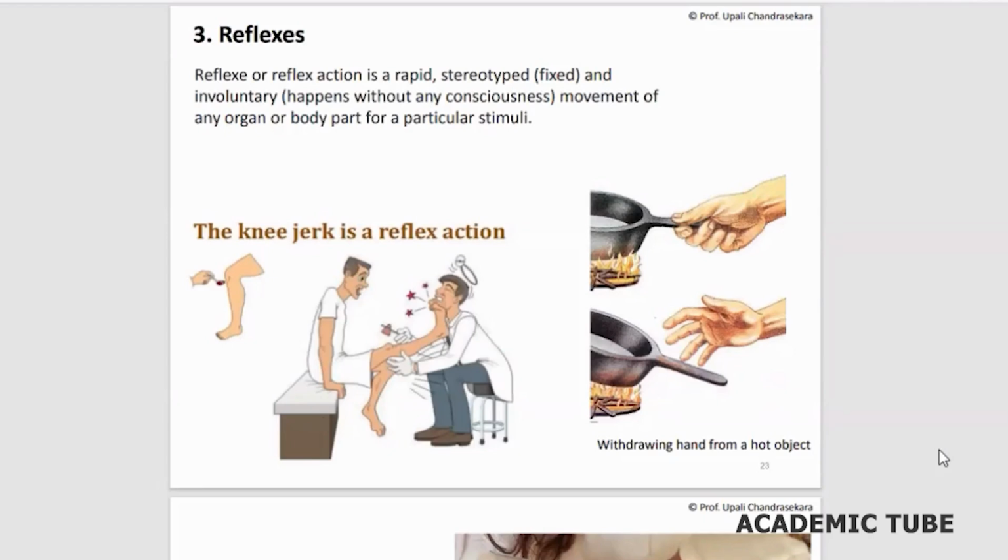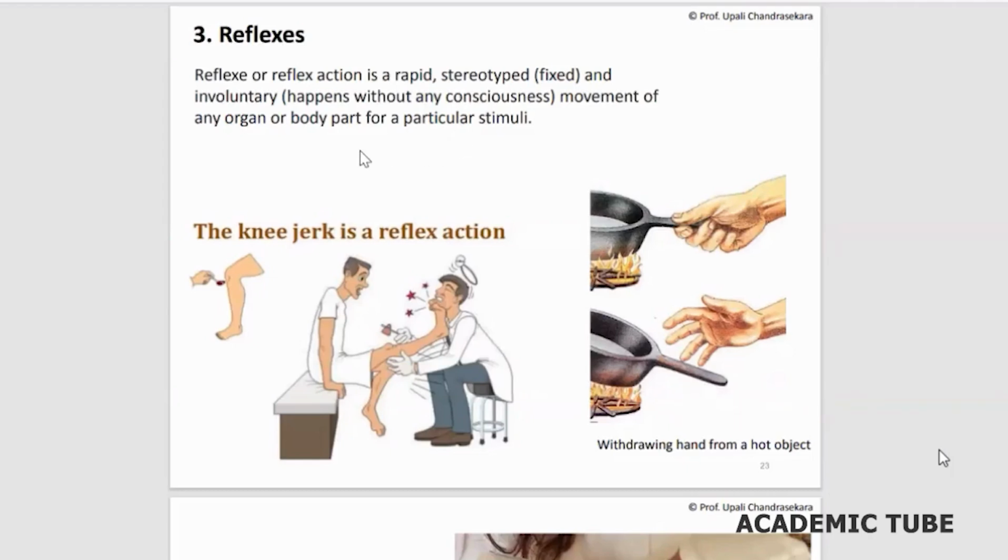Immediately, without any thinking, the leg jerks. These kinds of behaviors are what you call reflexes. These are involuntary. They happen without any thinking or consciousness.